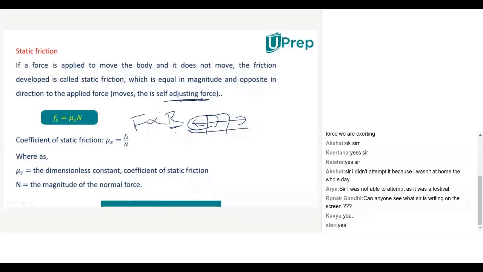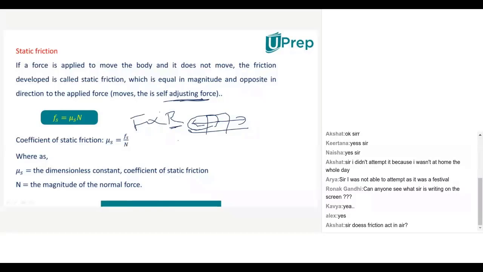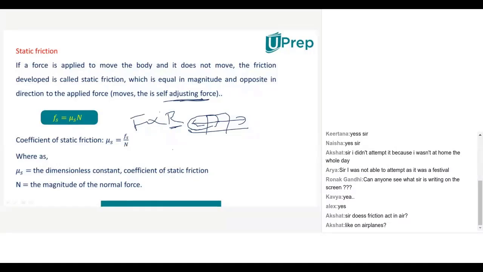The frictional force between two surfaces will be proportional to the normal reaction. So frictional force is proportional to normal reaction. Is it right or wrong? It's right, sir.